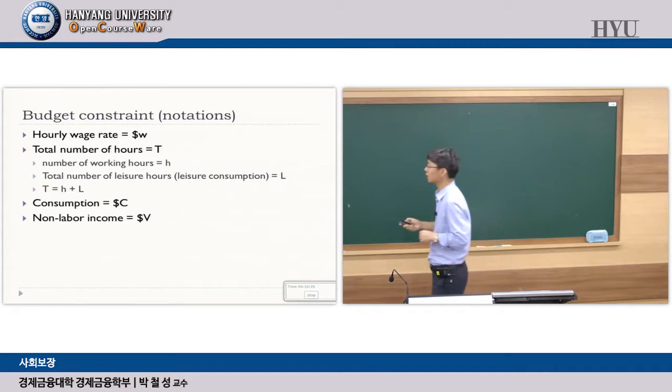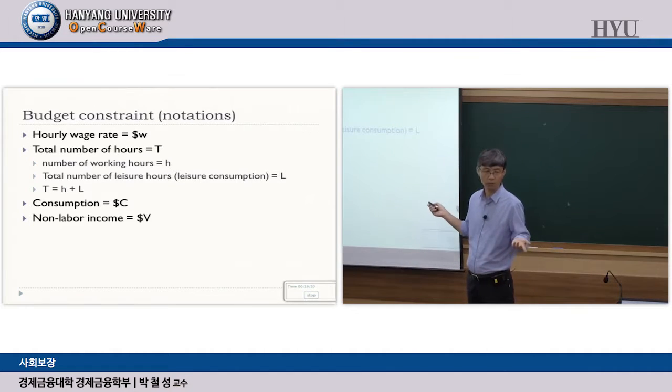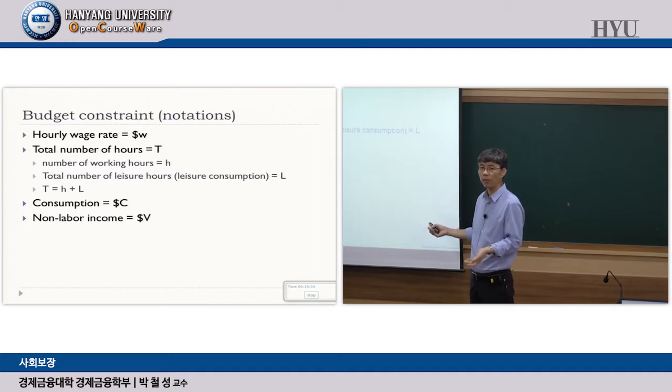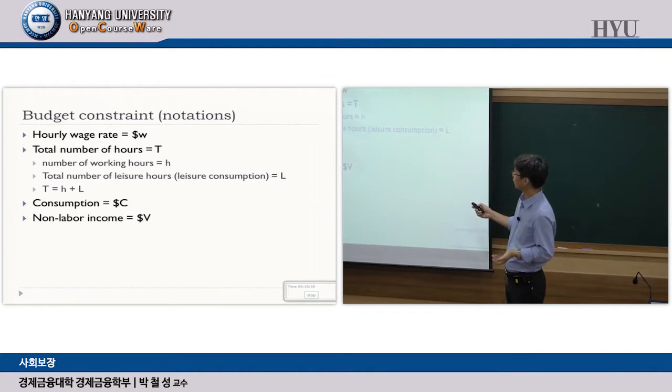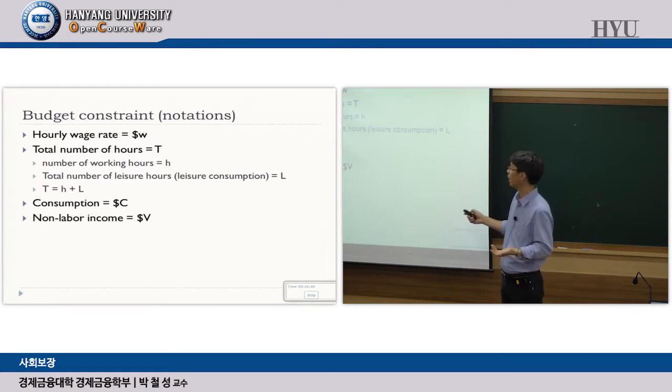If you think of one day, it's 24 hours; for one week, 24 times 7, or whatever. Once you assume the unit, we can figure out T. T is just given by the universe. It's not economics, it's just a physical law which gives us T.